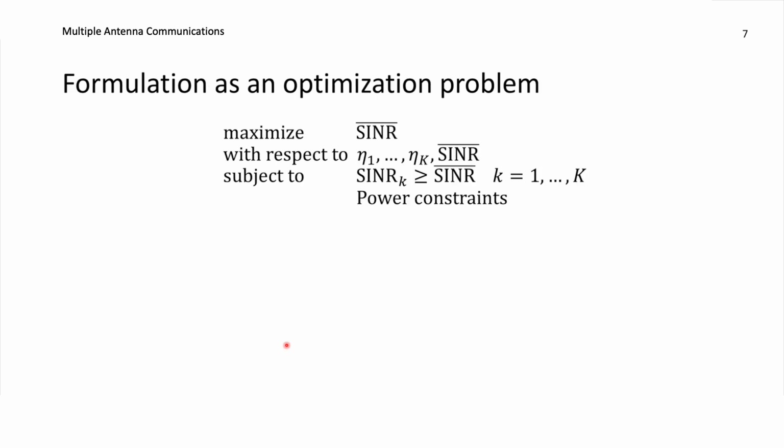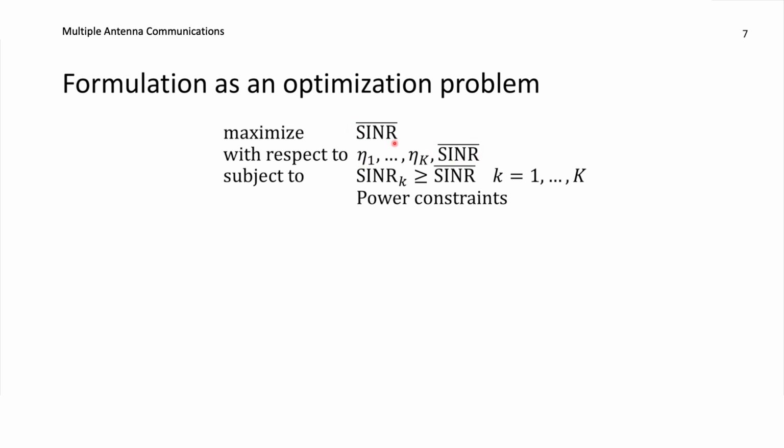And mathematically, we can write up the problem like this. We would like to maximize a value that I call SINR bar. This is the value that every user is guaranteed to achieve. And we maximize it by selecting eta1 to eta k, which are our power control coefficients for the k users, and we also maximize with respect to that value.